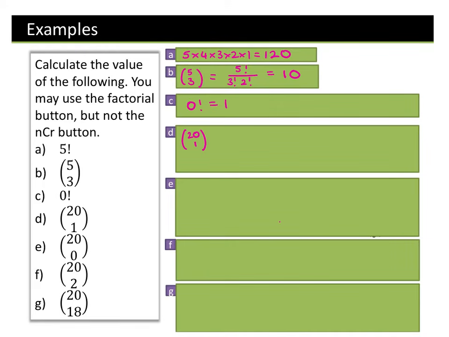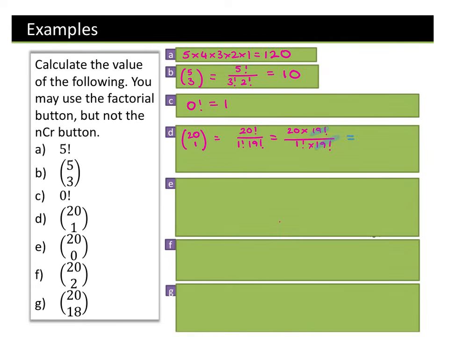What we're going to do? 20 factorial over 1 factorial and 19 factorial. Now, you know that 20 factorial is essentially 20 times 19 factorial over 1 factorial times 19 factorial. So these are going to cancel.